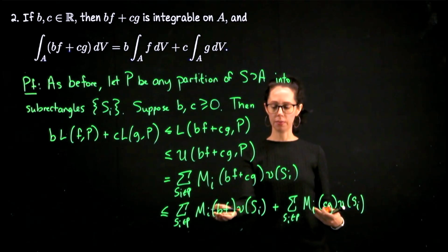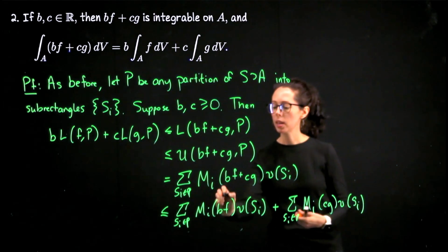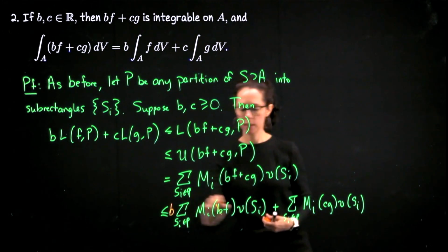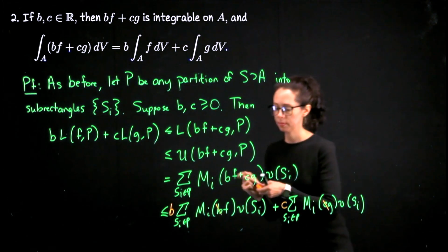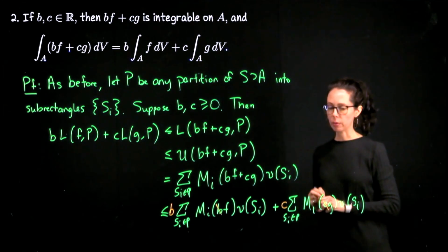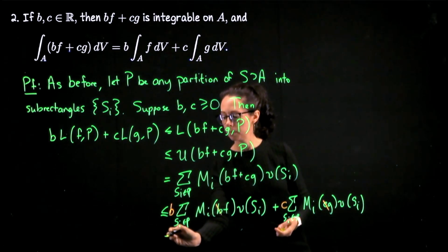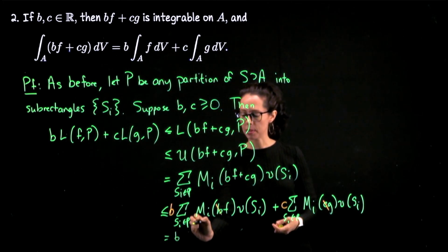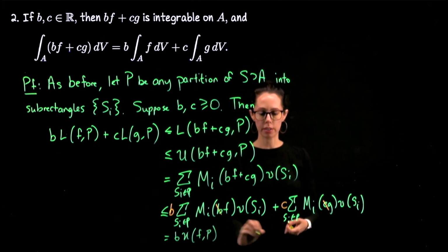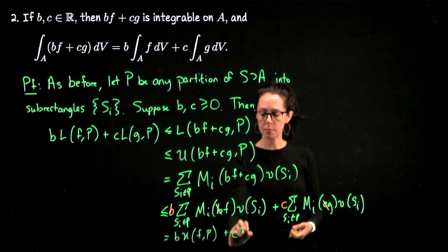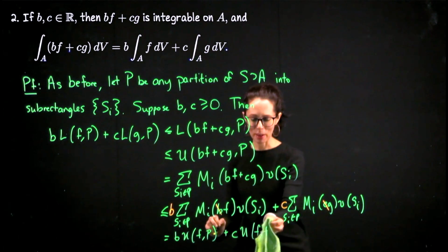Again, you have to be careful if the scalar is negative, you can't just pull them in and out of sups and infs. But let's pull it in front. Same thing with C, I can pull it out here. And now that I've done that, we recognize that this is equal to B times the upper sum of F with respect to the given partition plus C times the upper sum of G with respect to the same partition.